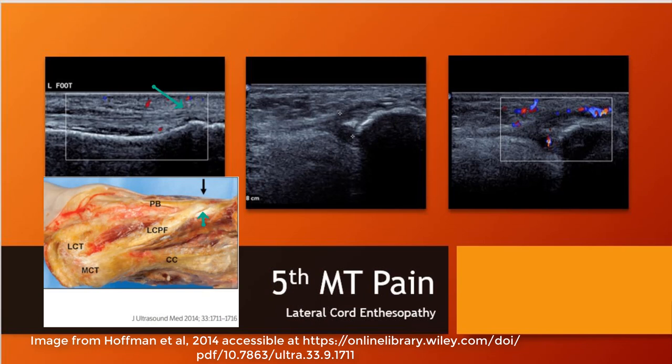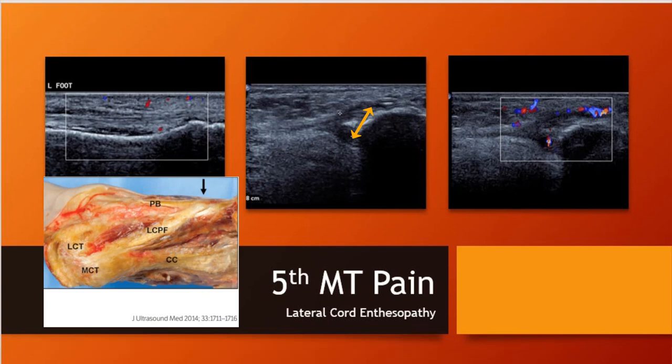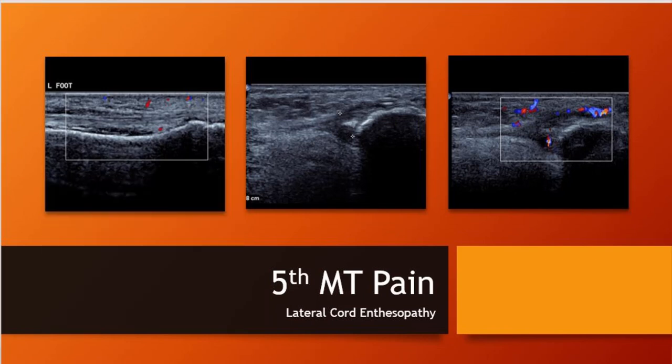So at the fifth metatarsal, when we see this bowed, hypoechoic, thickened insertion, this is an under-recognised condition of enthesopathy of the lateral cord of the plantar fascia. And you can see there's some hyperemia here.